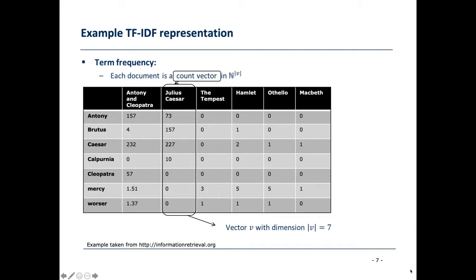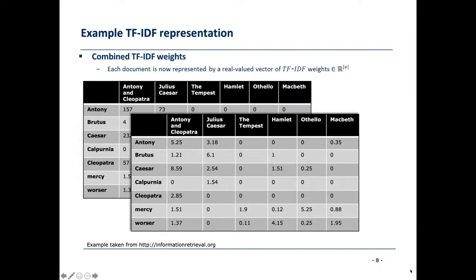It can be, as you can see here, Julius Caesar, which is obviously a proper noun. Julius Caesar is the document here, and the terms which I'm extracting are Antony, Brutus, Caesar, Calpurnia, Cleopatra, Mercy, and Worser. And because I'm extracting my vocabulary of 7 words, I've got a dimension 7 vector.